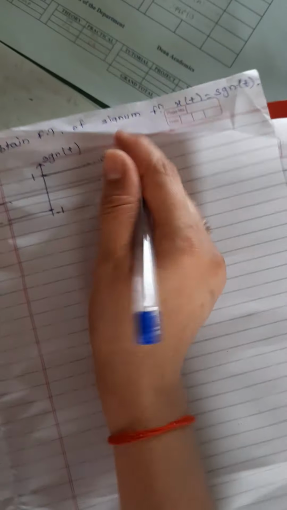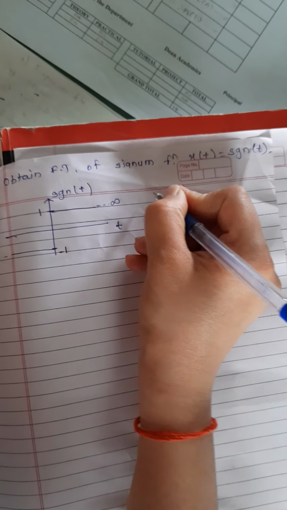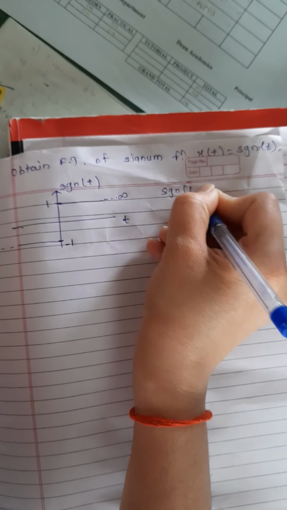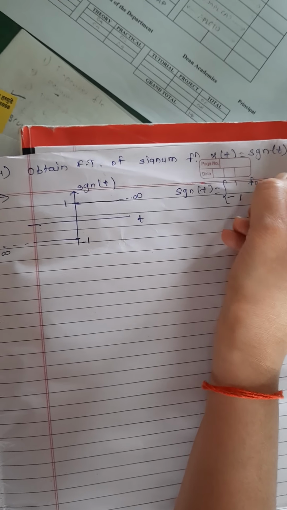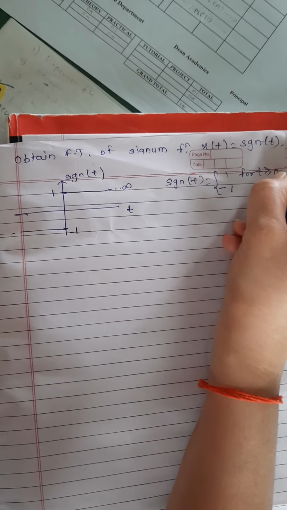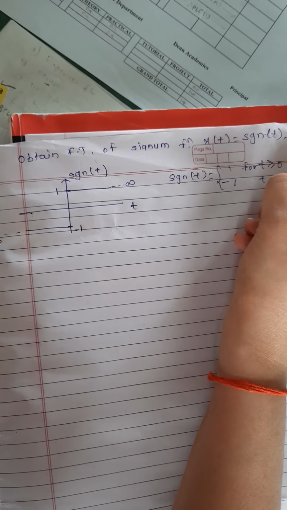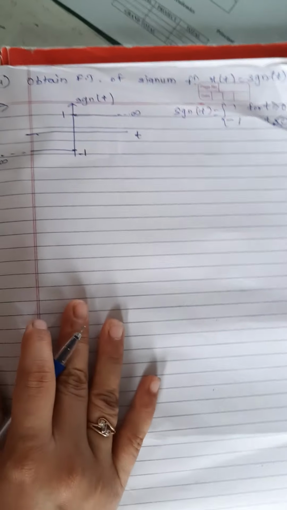Mathematically the signum function can be written as sgn of t is equal to 1 for t greater than or equal to 0 and minus 1 for t less than 0.